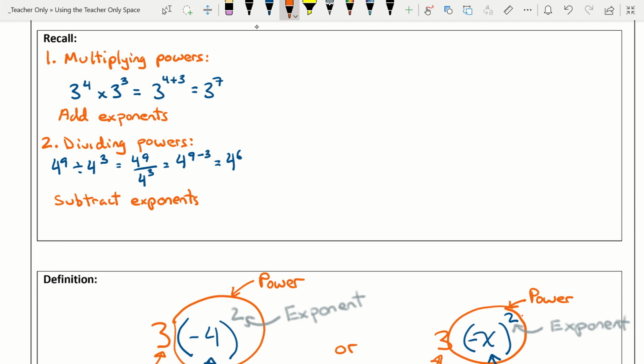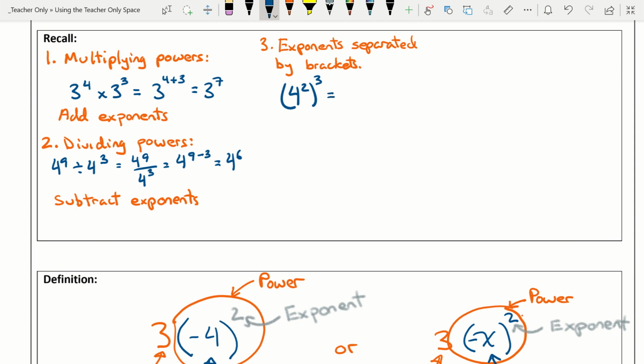Now, next. What about exponents separated by brackets? Let's give an example: 4 squared, raised to the 3rd power, or 3rd exponent.